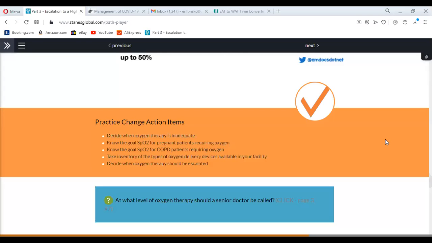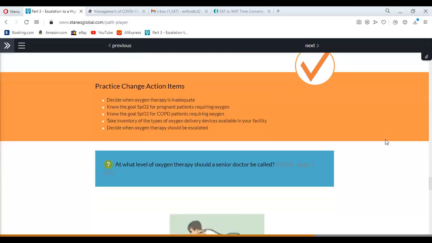And then we should know the goal of the SpO2, that is saturation. For pregnant patients requiring oxygen, we should also know the goal of SpO2, for COVID patients requiring oxygen, and take inventory of the types of oxygen delivery devices available in your facility. Now, this is very, very important. And we should decide when oxygen therapy should be escalated.